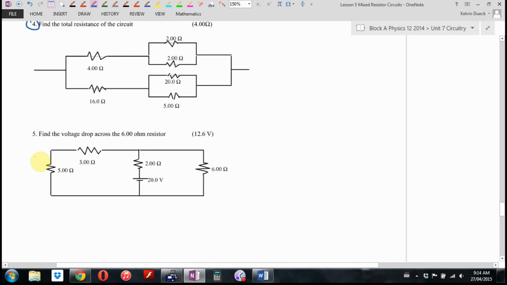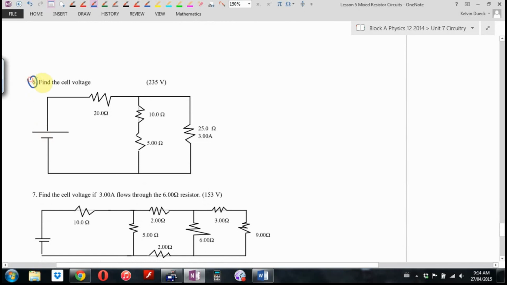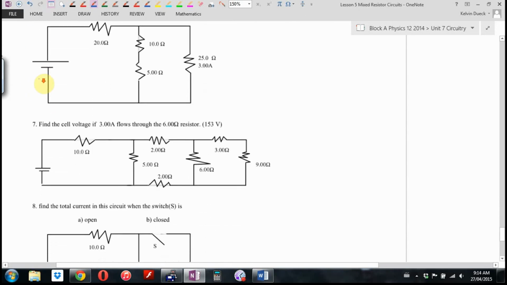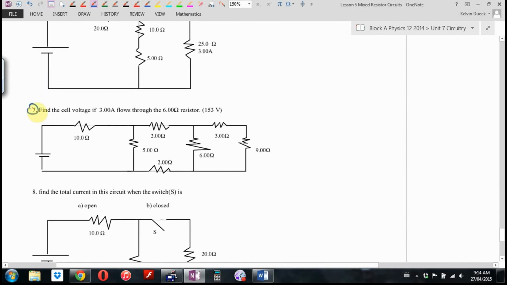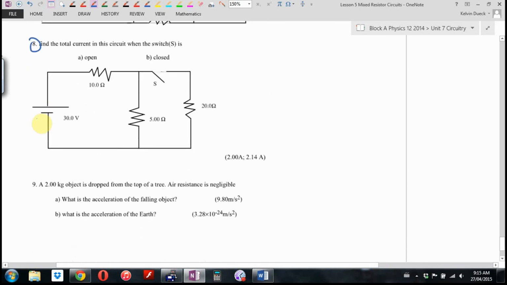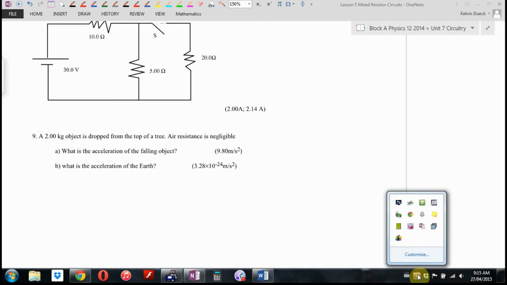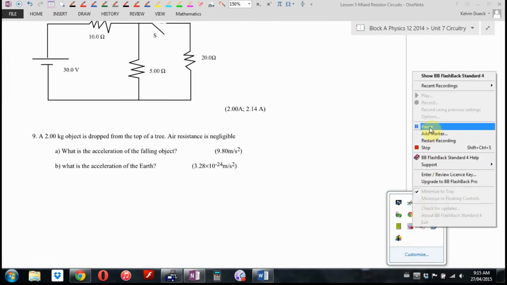Number 5, with that battery in a weird location, I think the first thing I would do is label my arrows. Which way is the current going? Number 6. 7. 8.